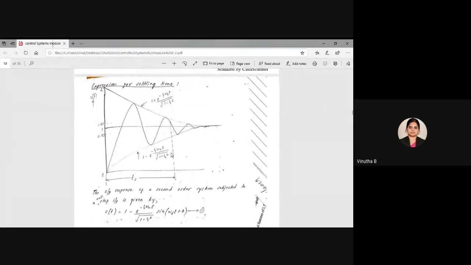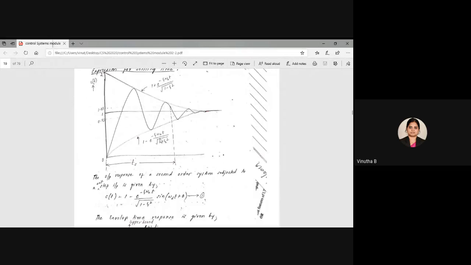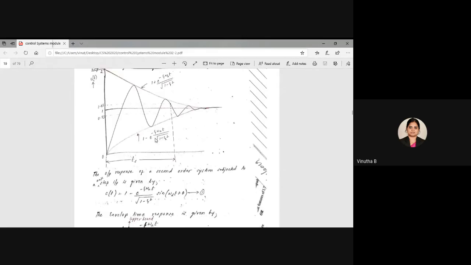So for the upper envelope you should write it as 1 plus e to the power minus zeta omega n t divided by square root of 1 minus zeta square, and for the lower envelope it will be just 1 minus this expression. Okay, so just make a note of that. So this is the upper bound and this is the lower bound. From the response, the upper bound is given by this expression, and the lower bound is given by 1 minus e to the power minus zeta omega n t by square root of 1 minus zeta square, which is equal to 0.95.